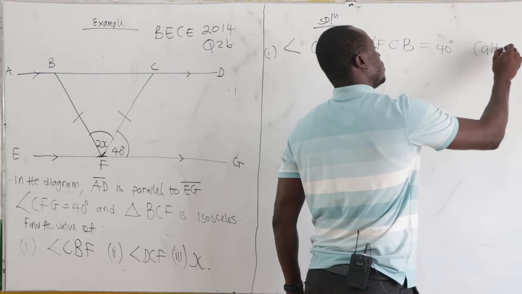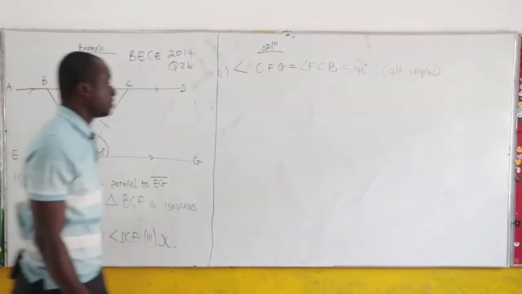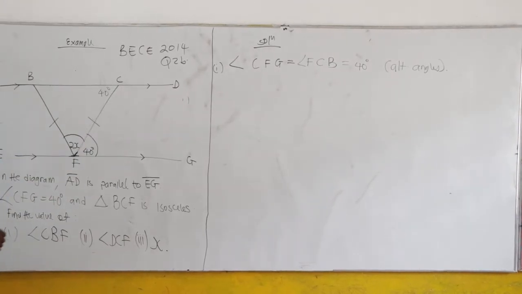Why? Alternate angles. That's the reason. Alternate angles. So this side is 40 degrees.